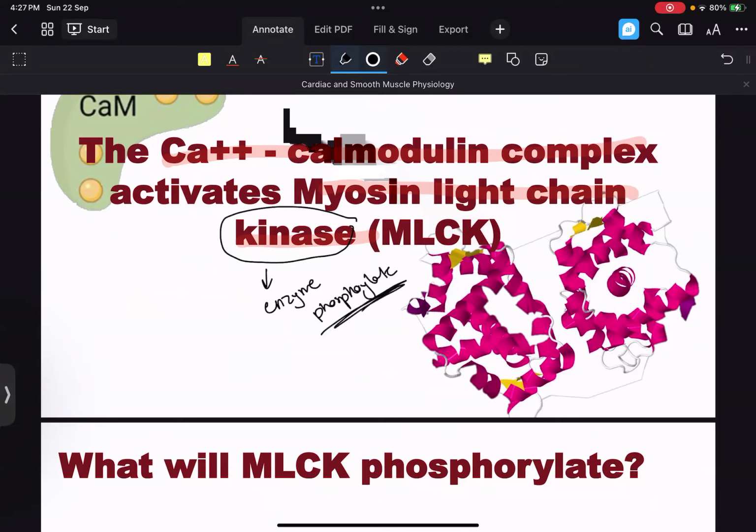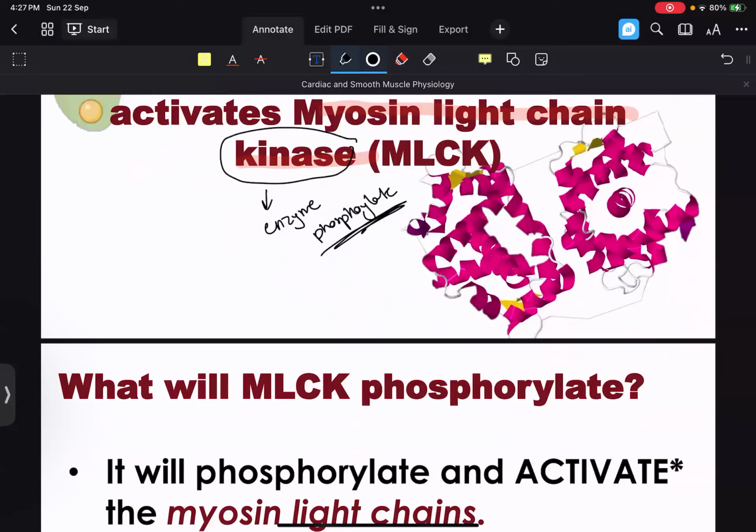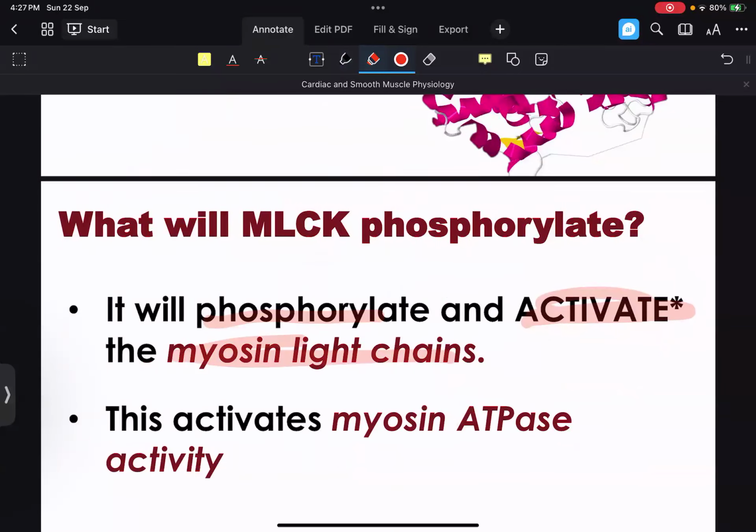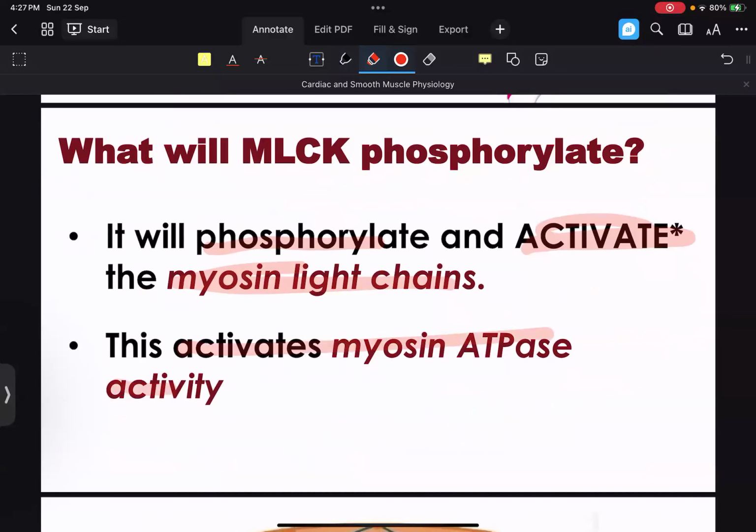Whether this phosphorylation has an inhibitory action or stimulatory action, that depends on the molecule. But point is, a kinase will always phosphorylate something. So what will this myosin light chain kinase phosphorylate? From the name, it will phosphorylate the myosin light chains. And once it phosphorylates them, it's going to activate the myosin light chain. Okay, and this will cause it to activate myosin ATPase activity.